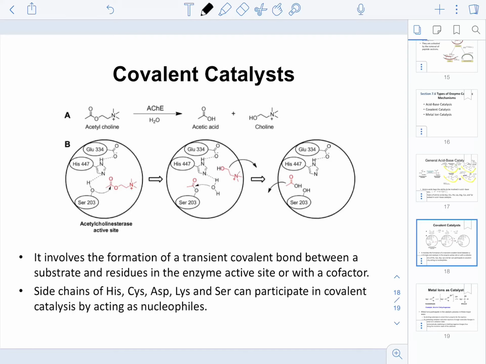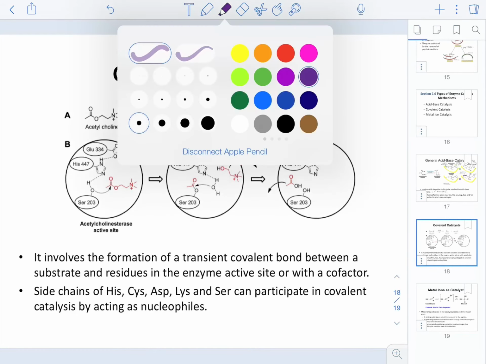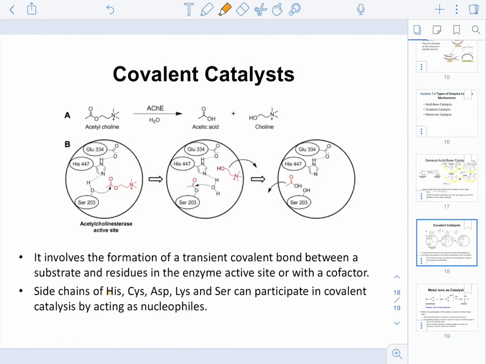The side chains of amino acids that participate in this type of catalysis include, but are not limited to, the ones seen more often: histidine, cysteine, aspartic acid, lysine, and serine. Understand that the main thing you should know is that these different side chains are going to be acting as nucleophiles. To illustrate this, we are going to be looking at the following example.